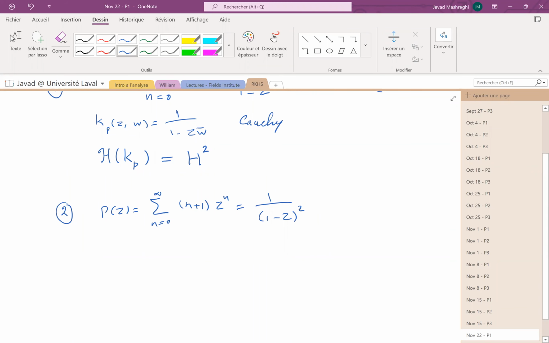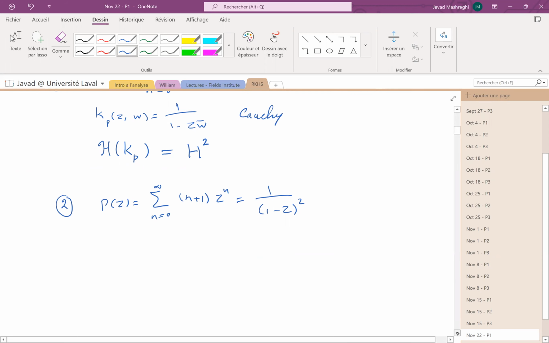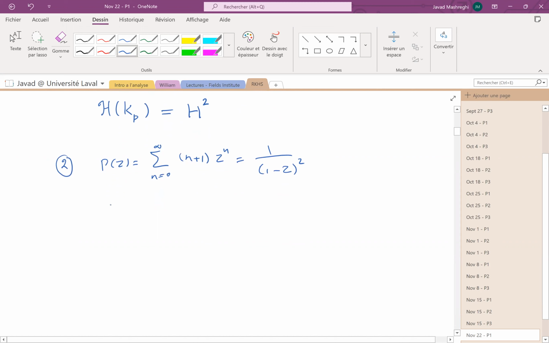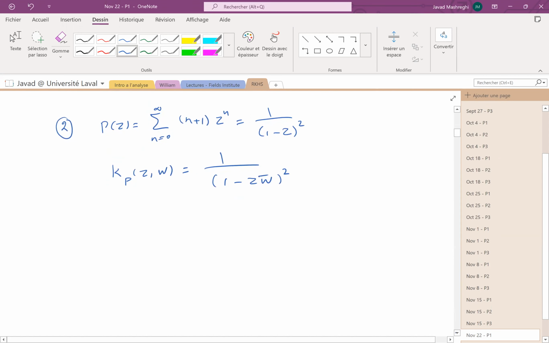And in this case K_P(z, w) is 1 over (1 minus z w-bar) squared, and H of K_P in this case is precisely what we called A^2, the Bergman space.